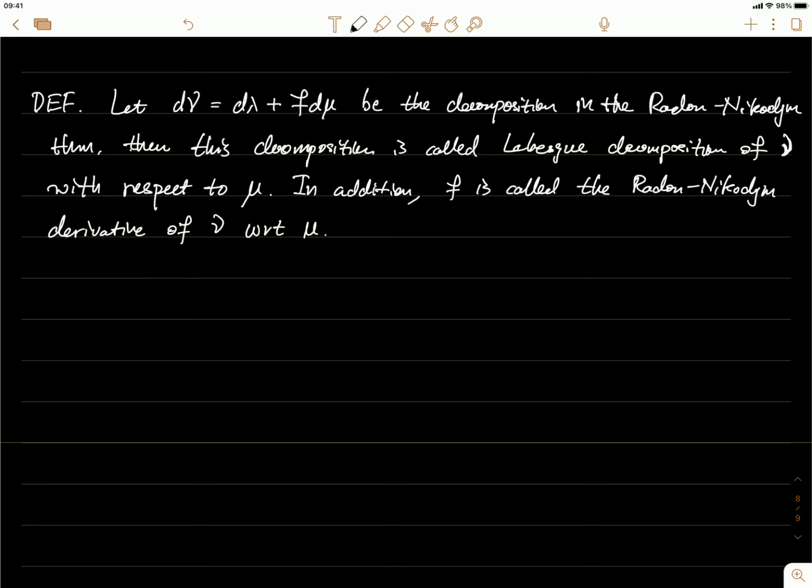So f is also denoted by d nu d mu. So when you see the Radon-Nikodym derivative, that means the function that we use to define the absolutely continuous part of the signed measure nu with respect to the positive measure mu. That's the Radon-Nikodym derivative.